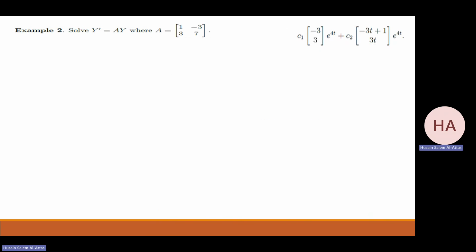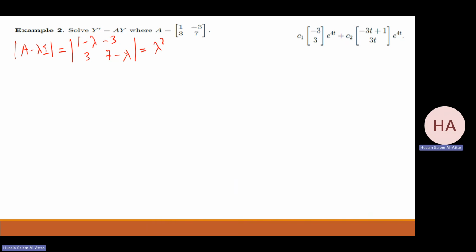Let me do an example. 2 by 2, an easy one. Okay. So we'll find now the eigenvalues. The matrix is 1, minus 4, minus 3, 7. 1 minus lambda, and I saw 4, so I write 4. Okay, 7 minus lambda.